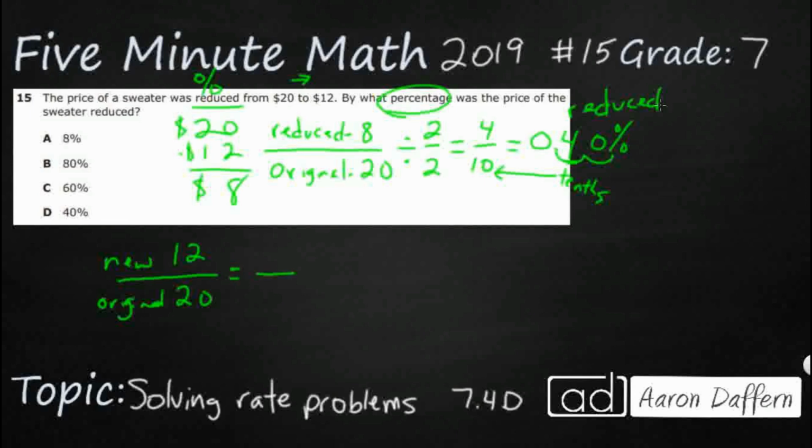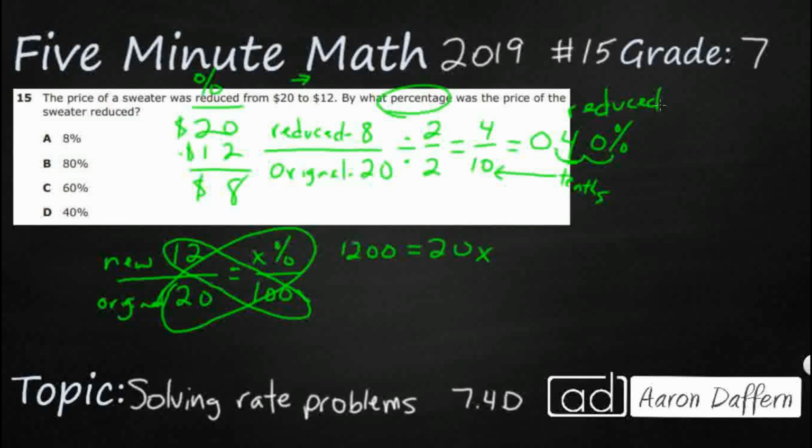And so we're looking for a percentage off right here, and it's going to be out of 100%. So we know that the original $20 is 100% of the price. We want to know what that smaller price is. So let's just make that an X. So we can say 12 times 100, so 1200 equals 20X. Let's try to figure that out.